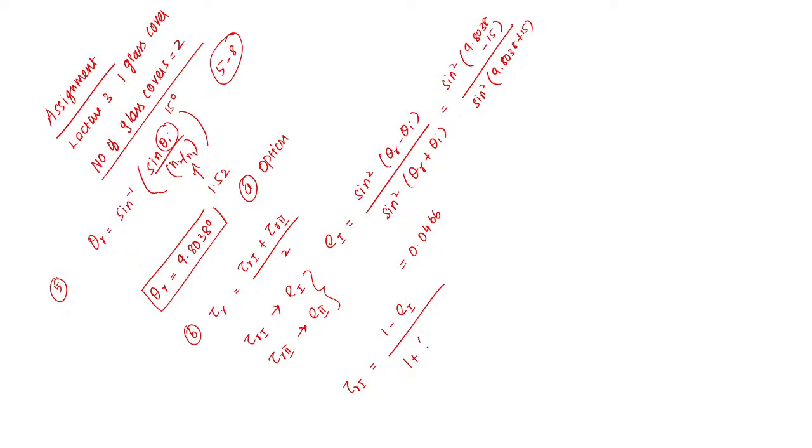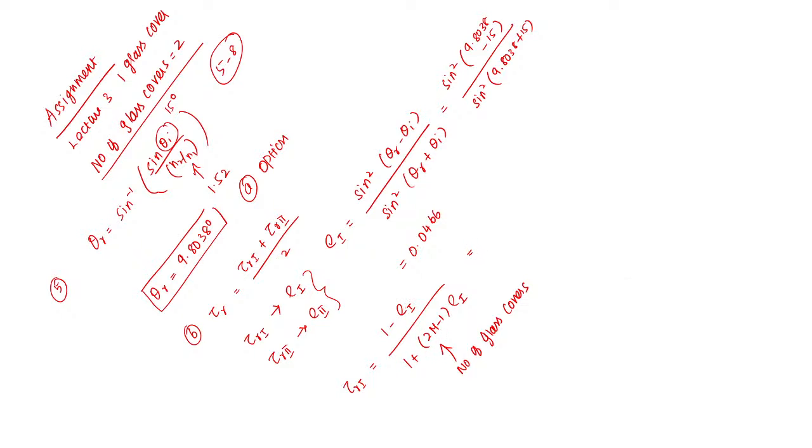divided by 1 plus (2m minus 1) rho 1. This is where most of you probably went wrong, because during the lecture I used 1 minus rho 1 upon 1 plus rho 1, since m is the number of glass covers. It was a single glass cover system, so 2m minus 1 was 1.